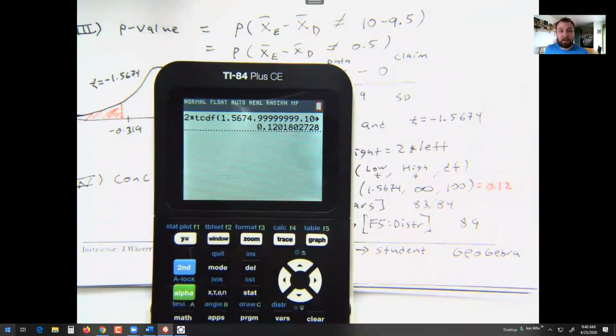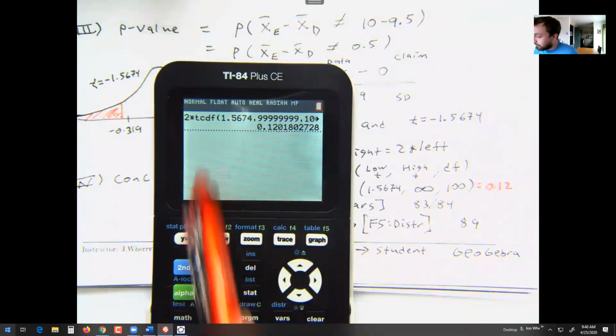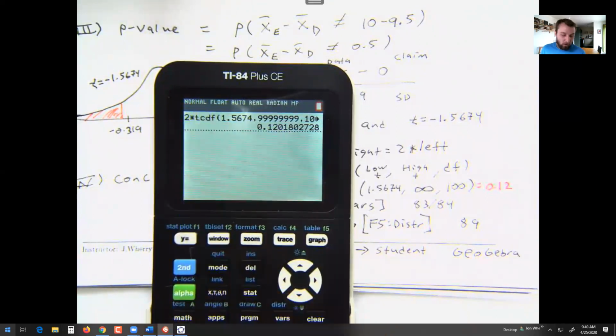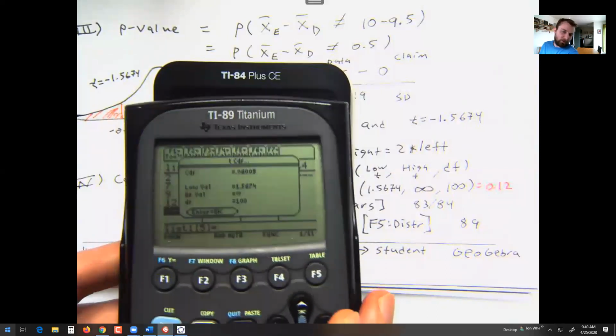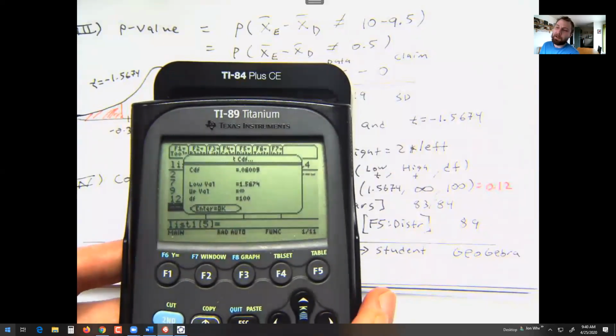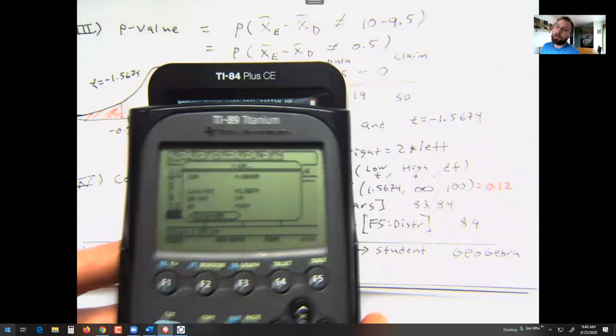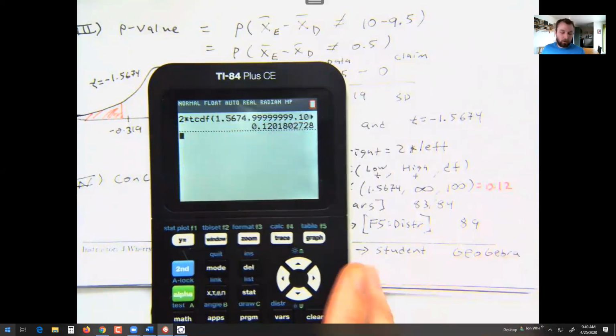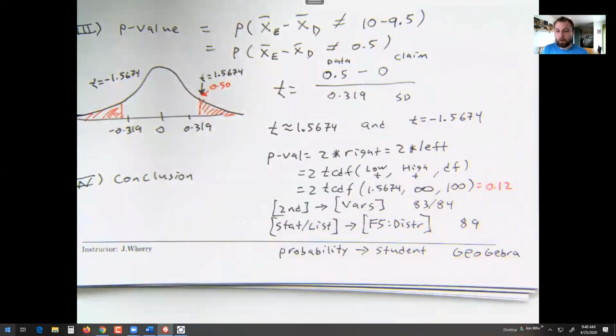The nice thing about the TI-83 and 84 is I can actually do the math where I have the 2 times all in one step. Where when I did this with the TI-89, it just gave me the 6% for one tail, and I still had to multiply that by 2. Not that hard to multiply it by 2, but I'm still a lazy person, so I welcome anything to do less work. Thank you, TI-83 and 84.